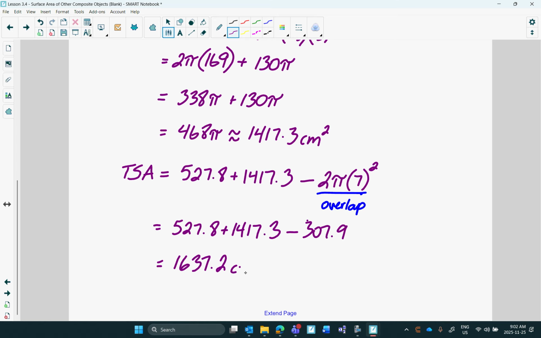Yeah, these can get a little lengthy. But I would suggest that when you get shapes that look like this, find the surface areas separately, put them back together and subtract what faces disappear. Okay?